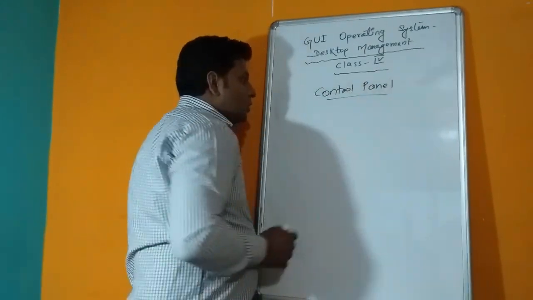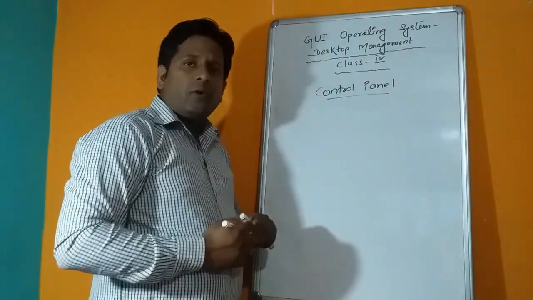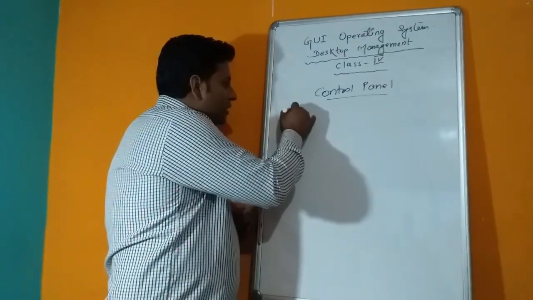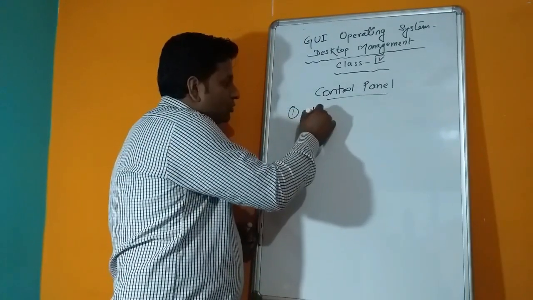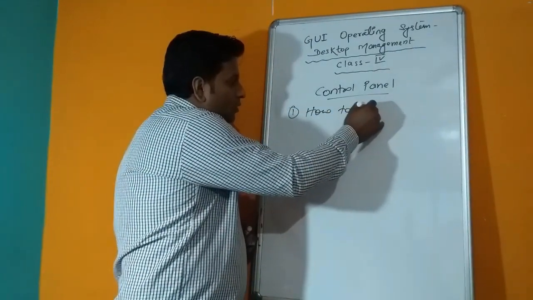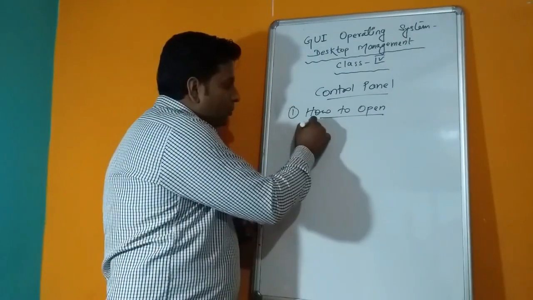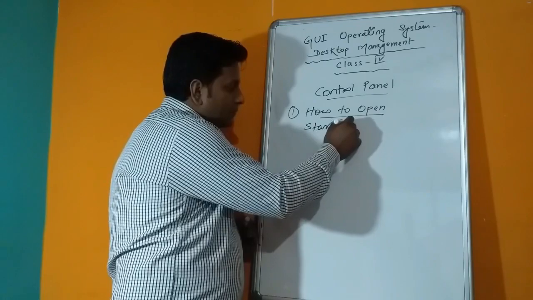As I have told you, the control panel performs all the settings of a computer. First of all, you should know how to open the control panel. For opening, we have to click on the start button.